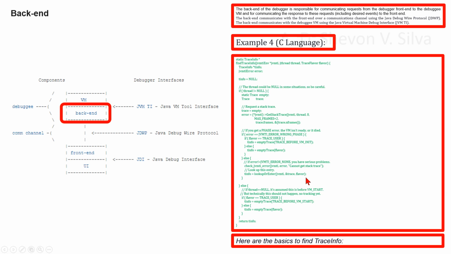This pointer to a TraceInfo struct will then be used as the tag on this object. All objects allocated from the same stack trace will have the same tag.